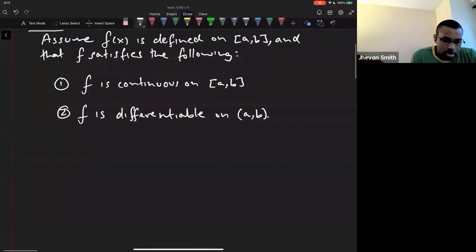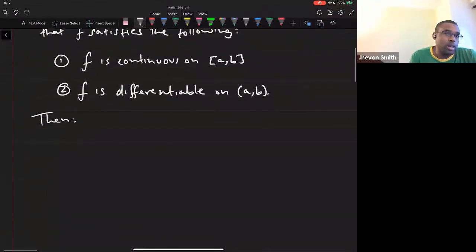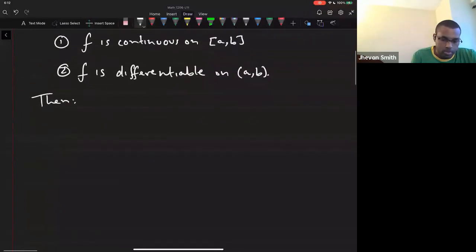And then here's what the mean value theorem says.